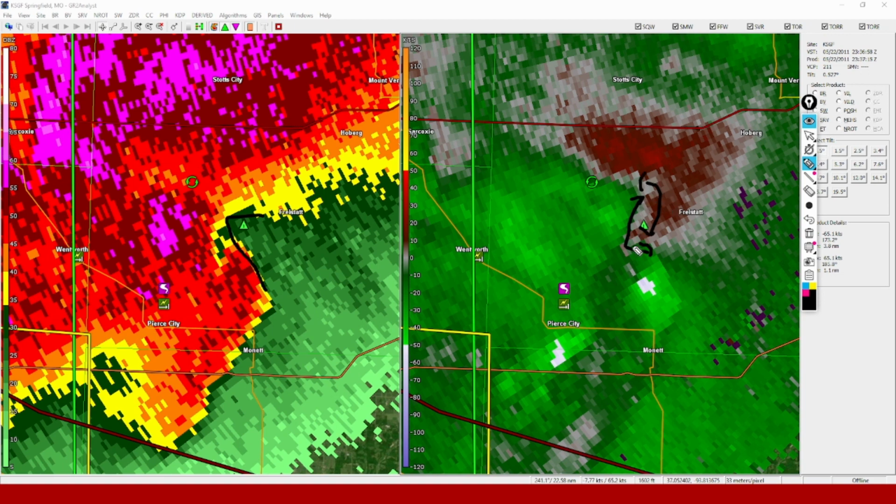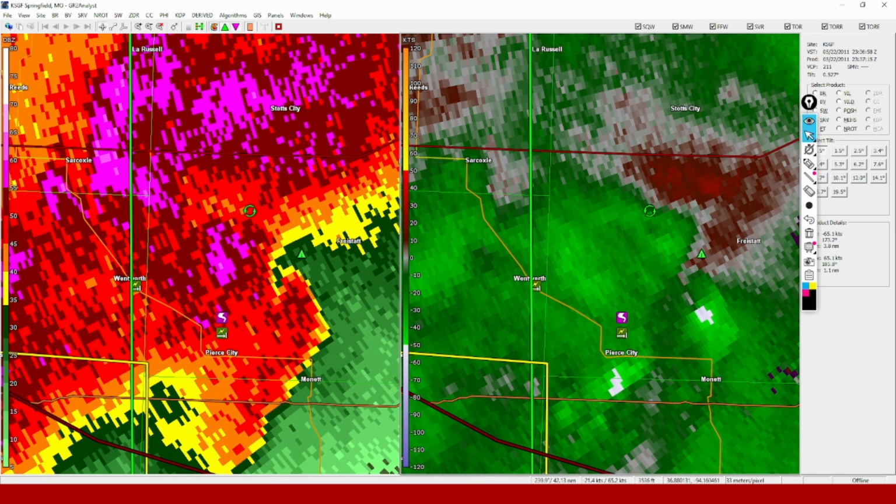Then you can see this other possible notch here, and a bit of higher velocity there, but not necessarily a rotation.